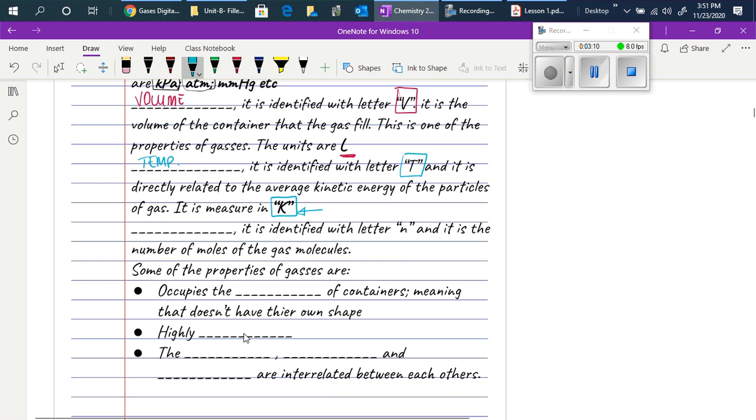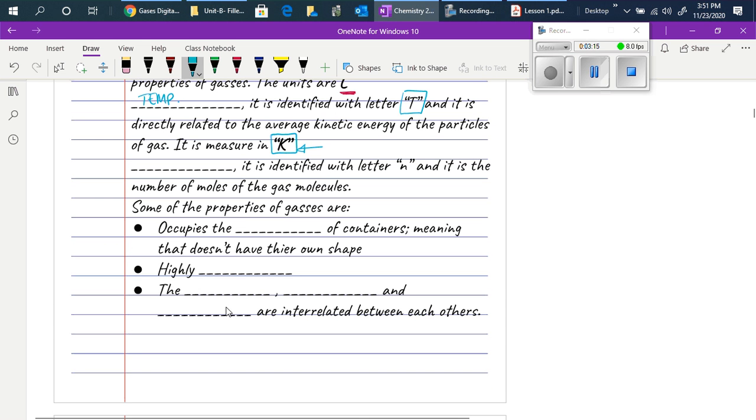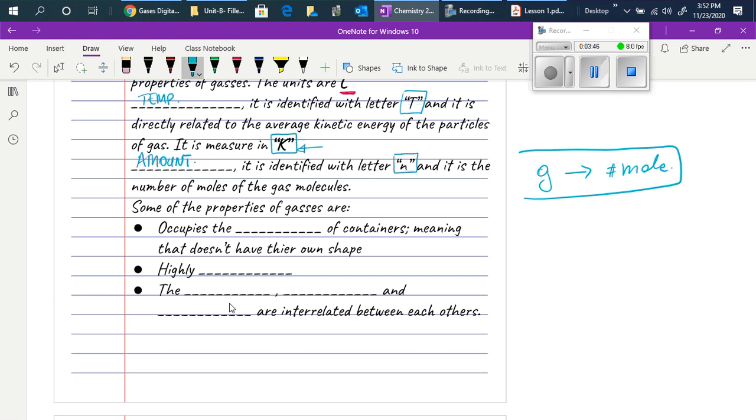The last property or variable that we will discuss is the amount. When we say amount, it is the amount of gas, which can be given in grams or kilograms or other weight units, but it is actually identified with a lowercase n, because we should be able to convert, even if it is grams, into number of moles using the conversion that we discussed in Review of Science 10.